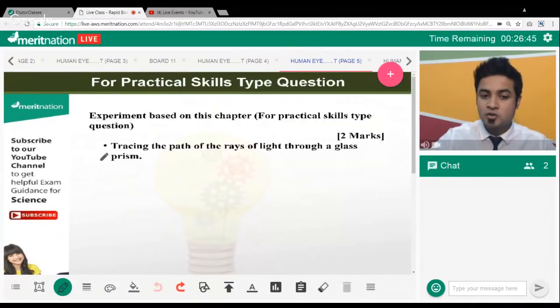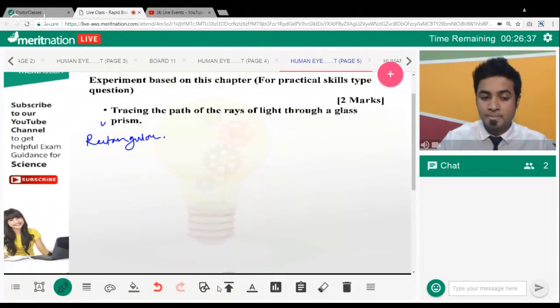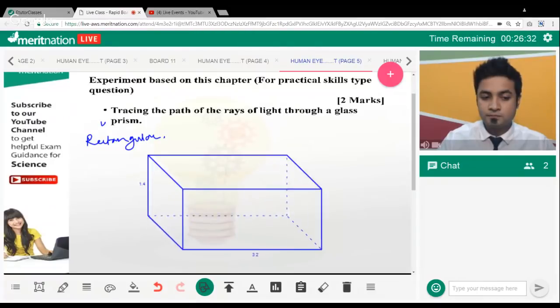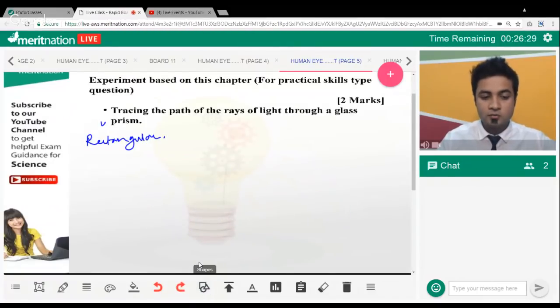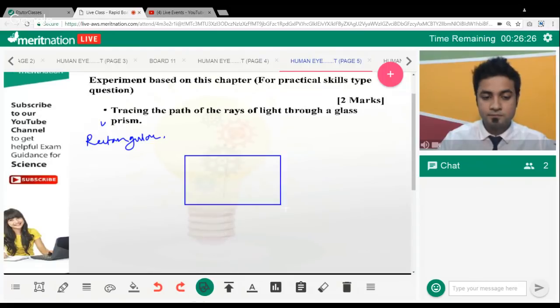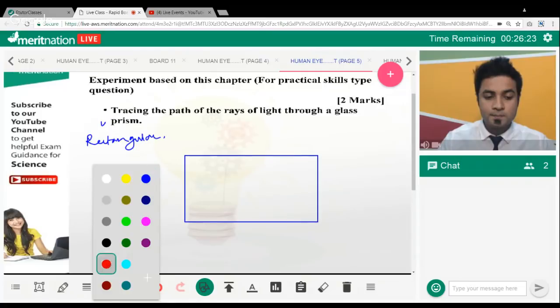Actually, it has to be a rectangular glass prism. Rectangular. So what you have to do is, suppose you have a glass slab in front of you.